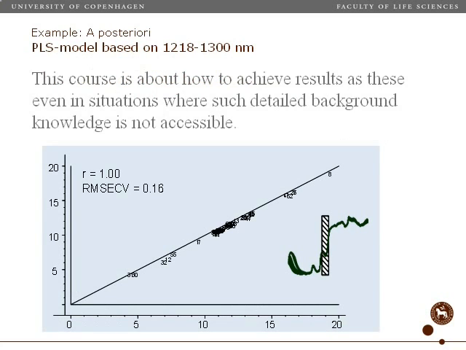Now, this whole course is about how to achieve results like this. In this specific situation, we had a lot of background knowledge, and that could help us and guide us to getting a good model. But in many situations, we don't have that background knowledge, and we don't have a type of data that looks like this, where we can actually from the raw data see a lot of properties directly.